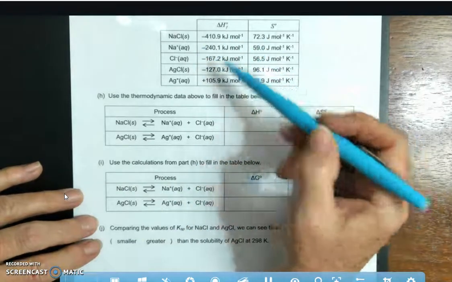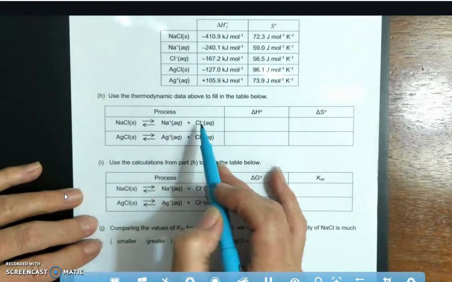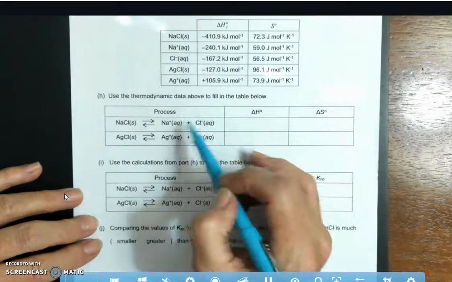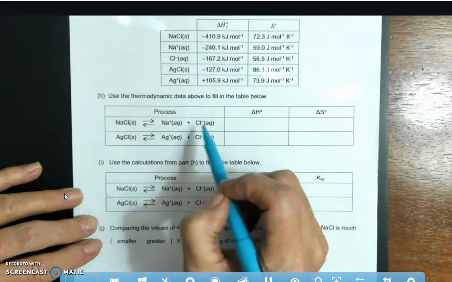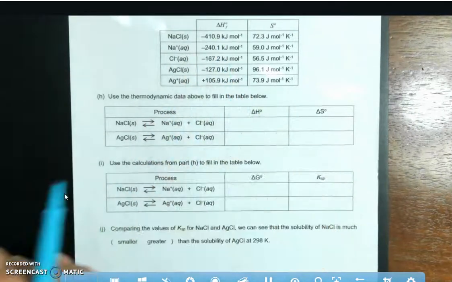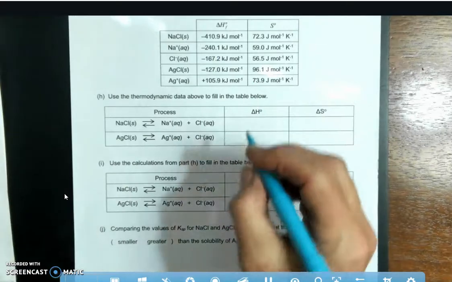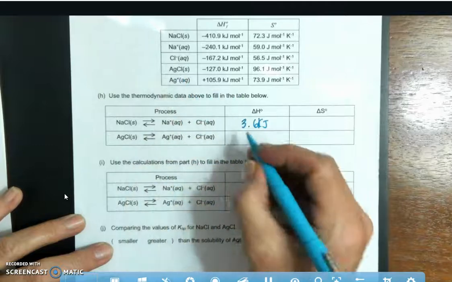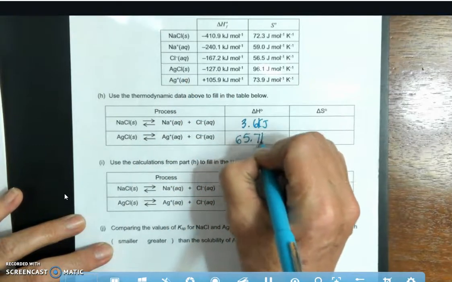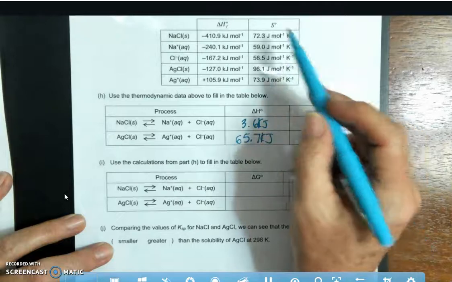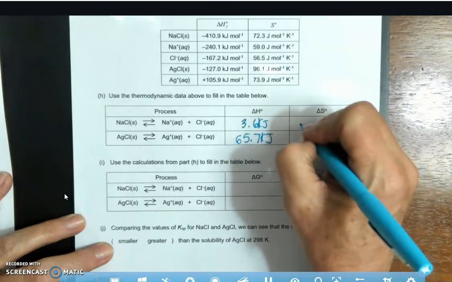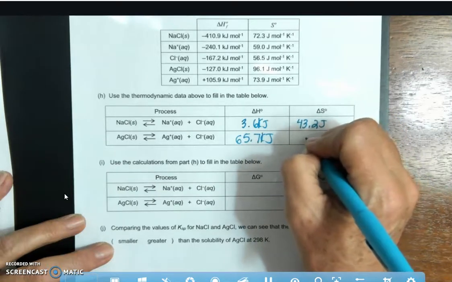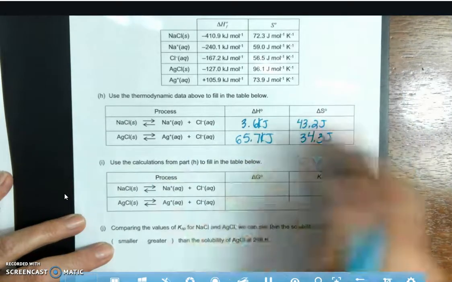So this is dissolving of sodium chloride, this is dissolving of silver chloride, and I can find my heats of formation of all of these, and I can do products minus reactants for delta H. I'm not going to go through that calculation, but it is going to give me 3.6 kilojoules. And then I can do the same for silver, and I get 65.7 kilojoules. I've got delta S, so I can do products minus reactants here as well, and I get 43.2 joules. And this one is 34.3 joules. Remember, this is all per Kelvin.